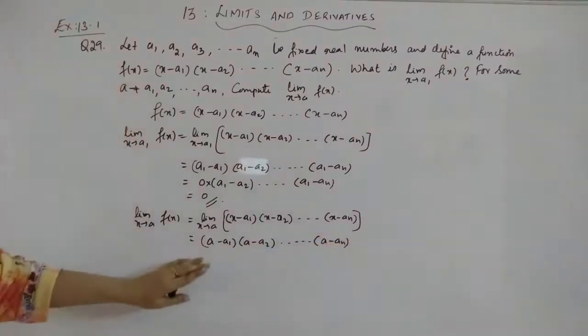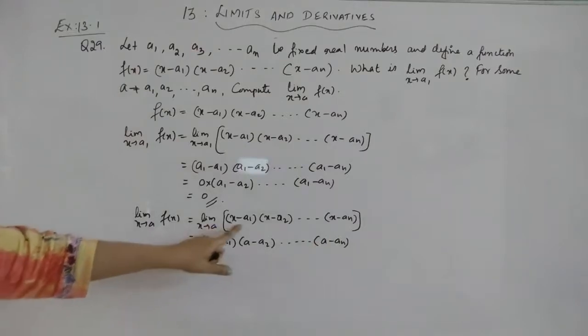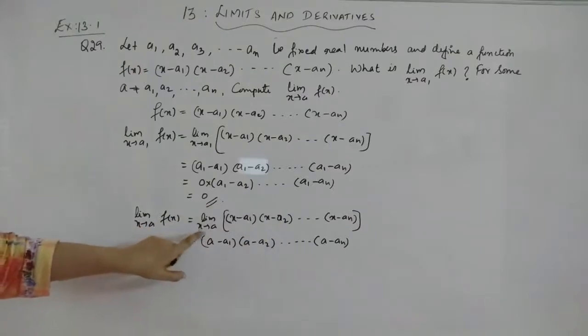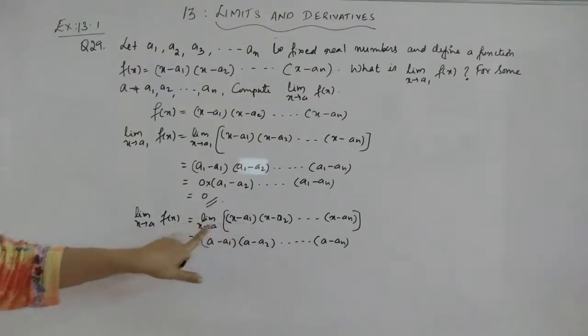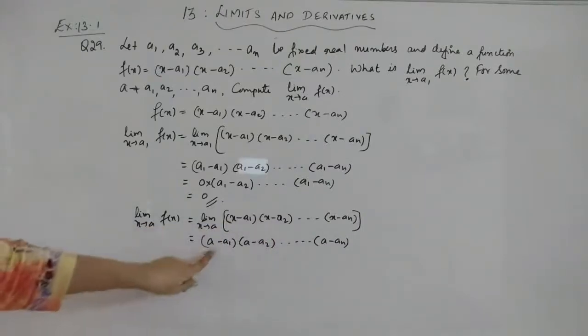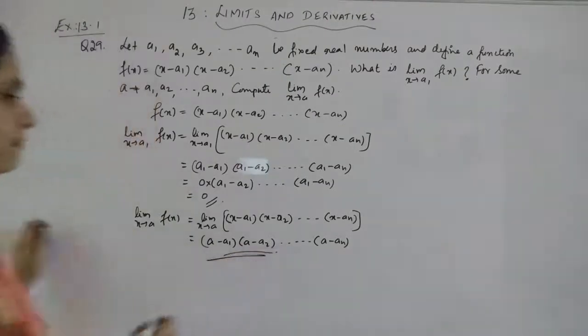Why? Product of the limit is equal to limit of the product. That's what we are applying here. So for each of the terms you will have that limit to be given. Okay, limit x tends to a x minus a1 into limit x tends to a x minus a2 like that etc. Limit x tends to a x minus an. So we have just replaced the value of x with the value of a, so that you are getting this answer.